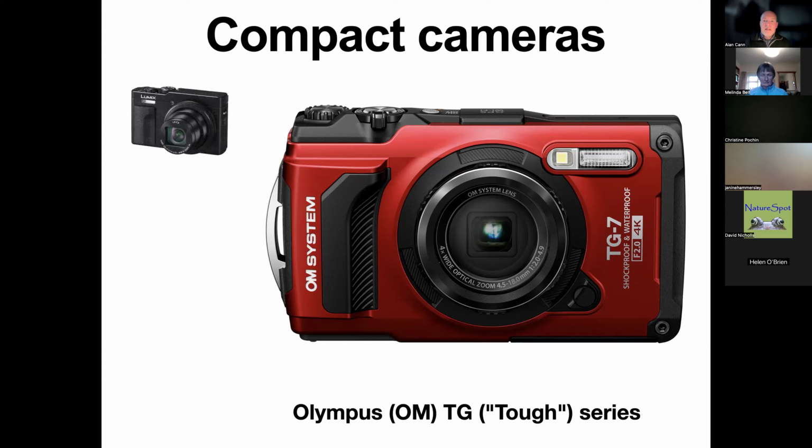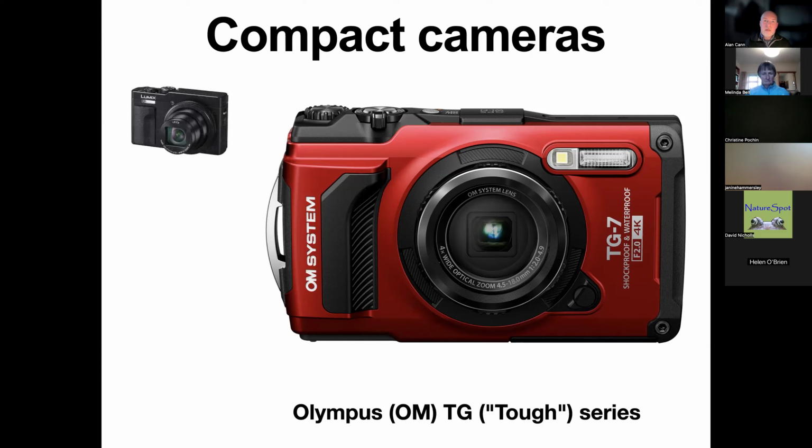The only bad thing I can say about the Olympus TG cameras is that they're so good and they don't generally break, so people don't sell them. People hang on to them. So it's actually quite difficult to find one used. I buy a lot of my photographic equipment. I don't buy new if I can avoid it. I buy used equipment from good resellers which give warranties on their equipment.